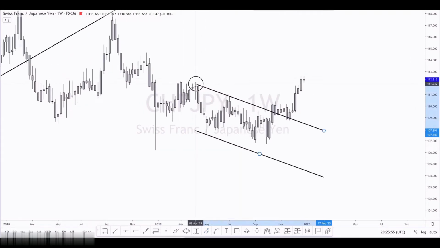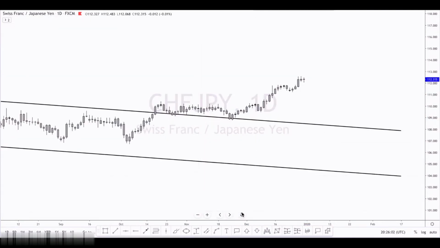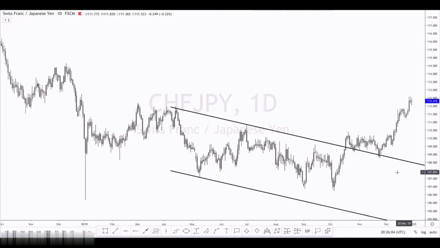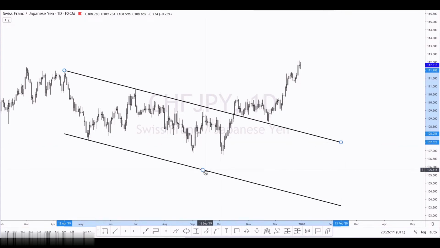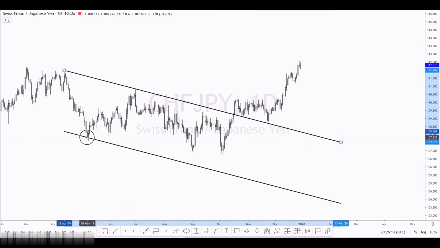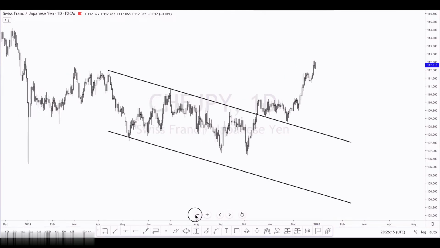So with trend lines, with channels, which is almost like two trend lines anyway, what I typically started doing is, because even in the examples I've given you, you can see there's various ways that you're going to draw the channel.